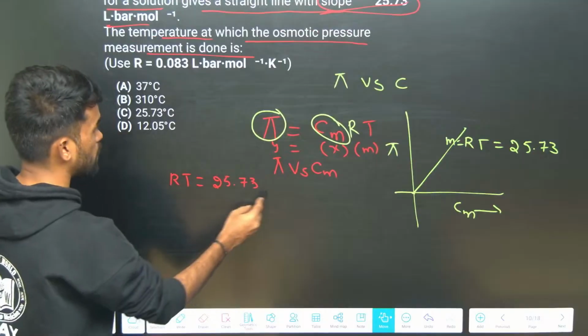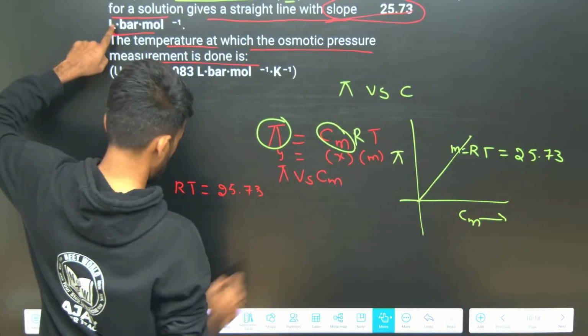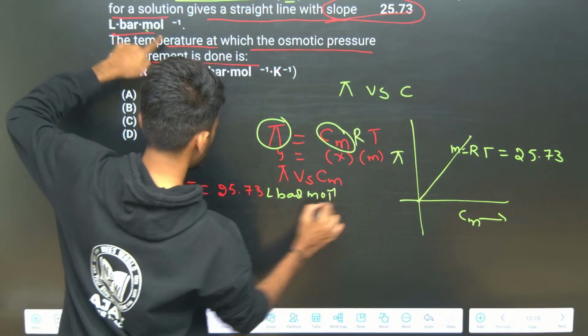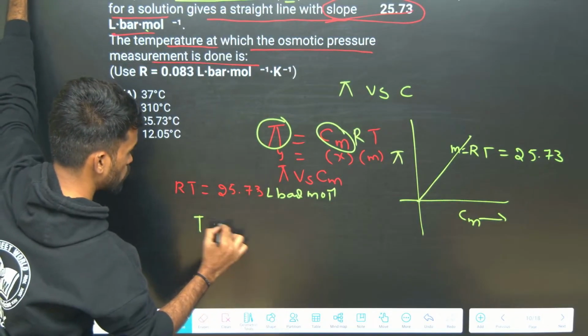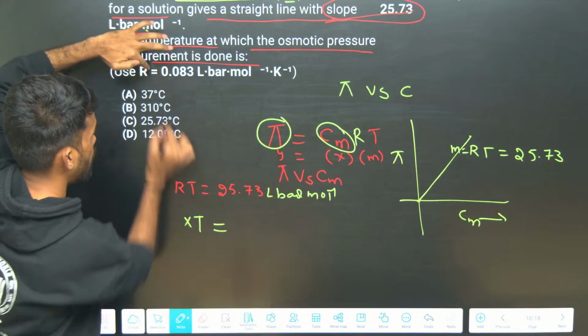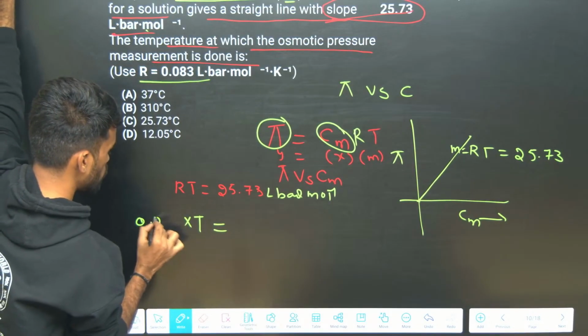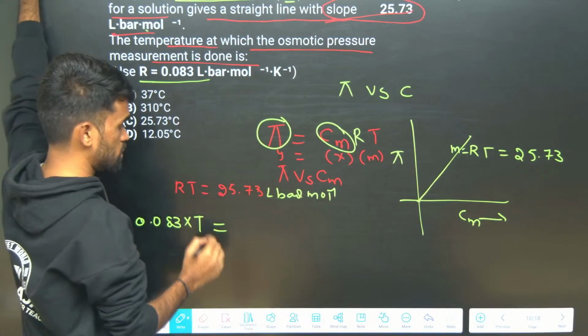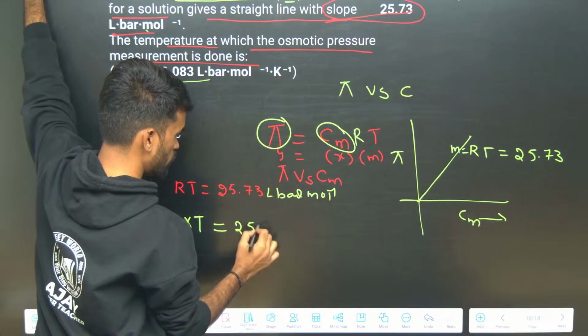R value you can take in liter bar per mole because they mentioned it so. Here we need to calculate temperature, so I can take R as 0.083 liter bar Kelvin inverse mole inverse, and that multiplied by T equals 25.73.